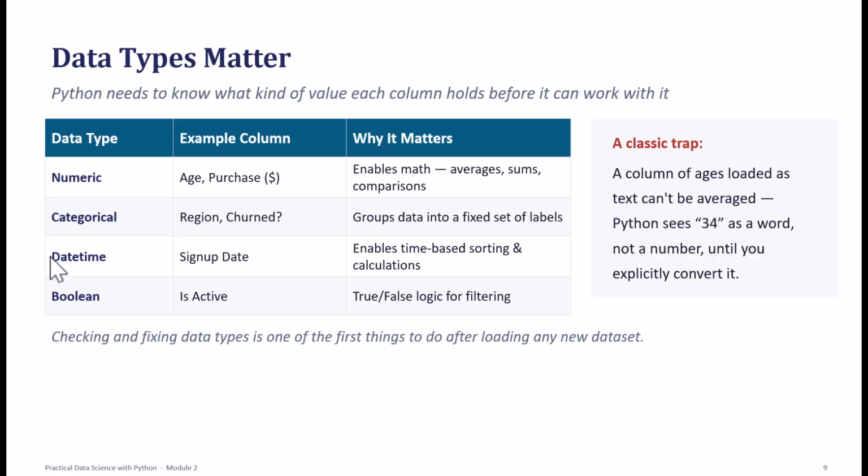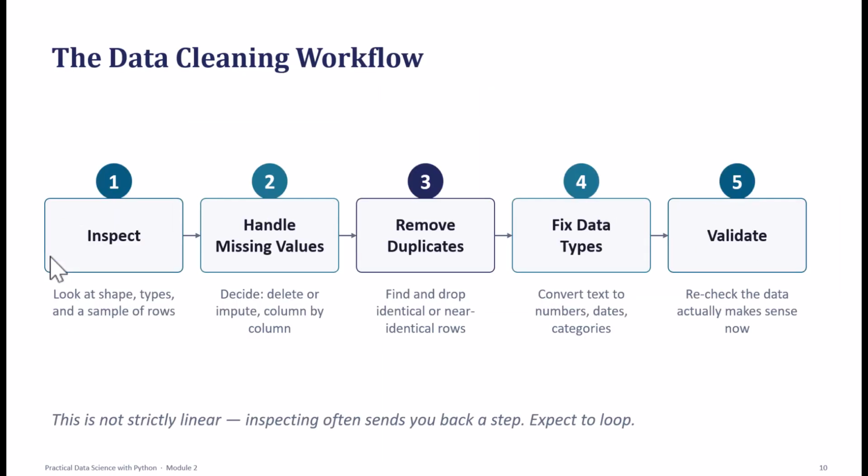So let's move on. The data cleaning workflow is basically: inspecting the data, looking at shapes, types, and a sample of rows, then handling missing values, deciding to delete or impute column by column. We're going to get to the other automatic way of handling these missing values, which we are going to deal with maybe in module 6.